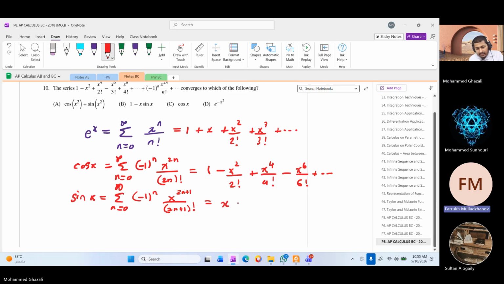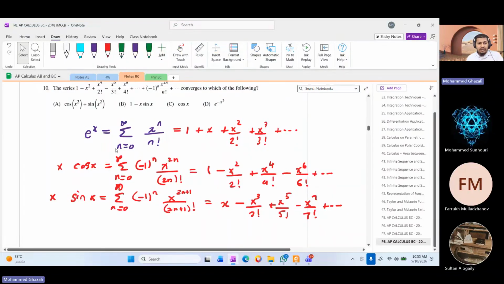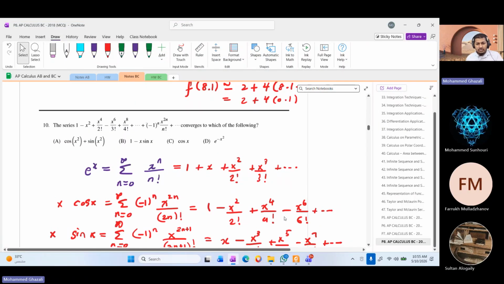Minus x to the power 3 over 3 factorial plus x to the power 5 over 5 factorial minus x to the power 7 over 7 factorial plus dot dot dot. So obviously it can't be the sine function. It can't be the cosine function because the powers are not matching up. We confused between cosine and the e to the power x function.